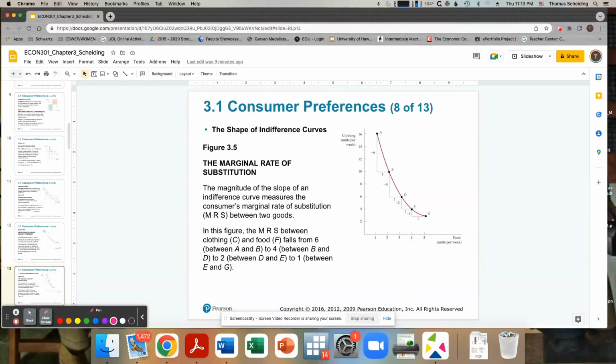The slope of the indifference curve is the marginal rate of substitution. Because what we're trying to do here is look at our ability to substitute one good for the other and stay at the same total utility. Let's look at bundles A and B here.